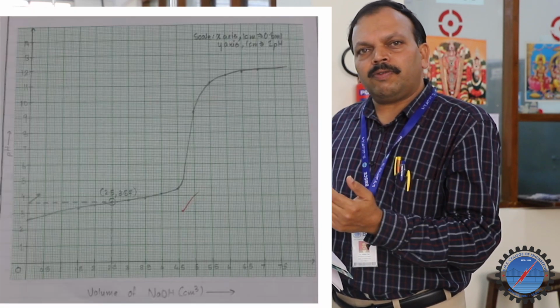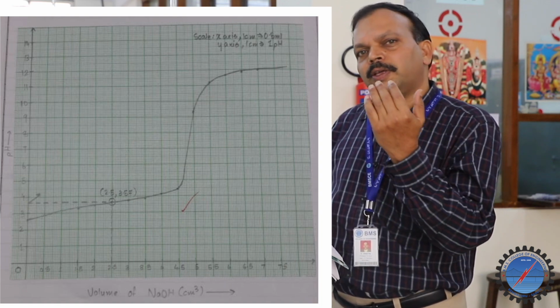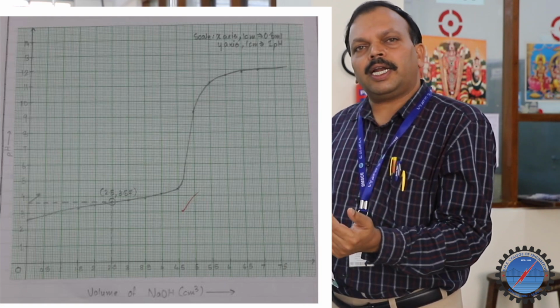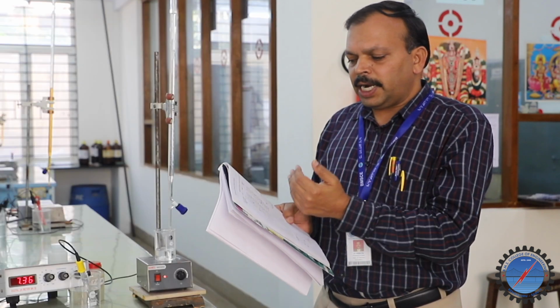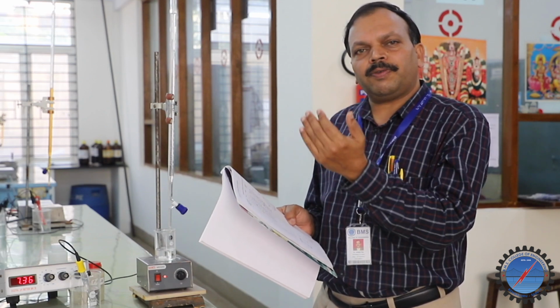The second graph is delta pH by delta V, tabulated in the last column, against the corresponding volume of NaOH. The first graph is the S-shaped curve and the second is the derivative curve. At the tip of the apex of the derivative curve, we draw a perpendicular to the x-axis that corresponds to equivalence. That equivalence we halve to get the half-equivalence.